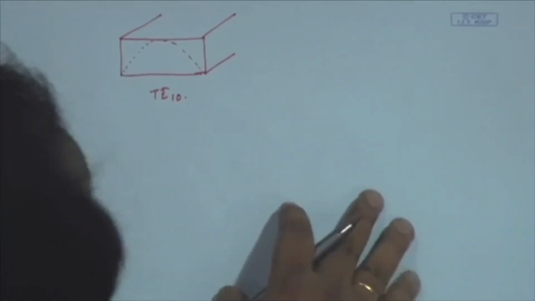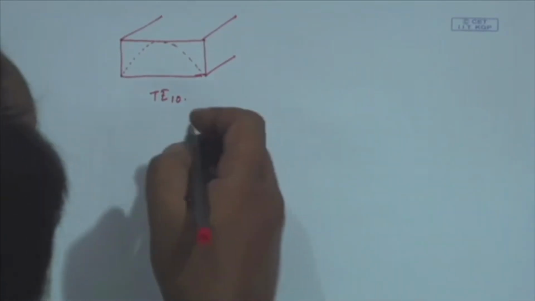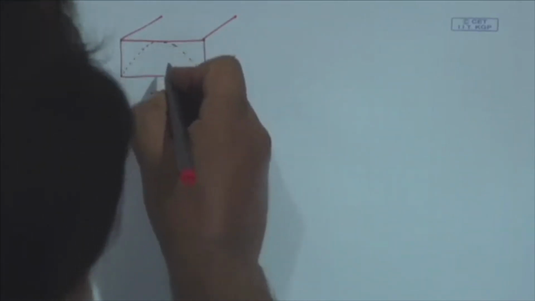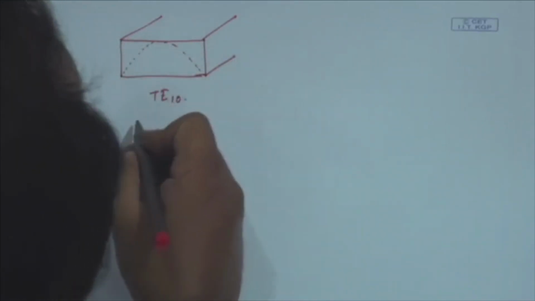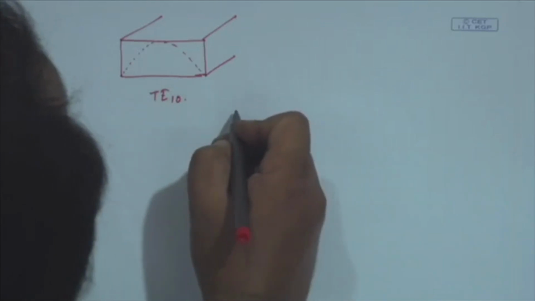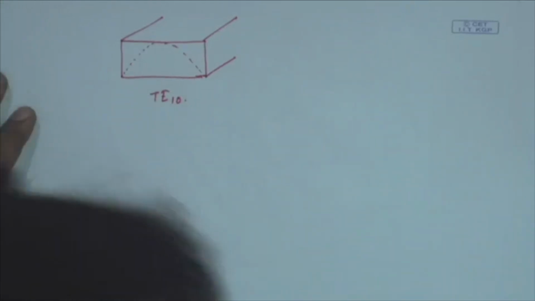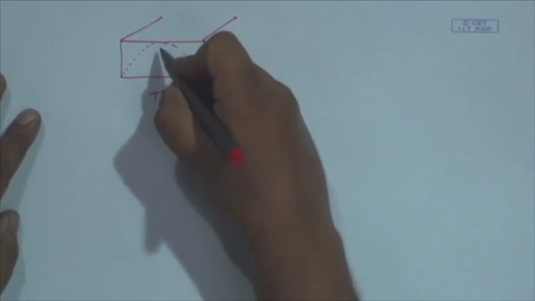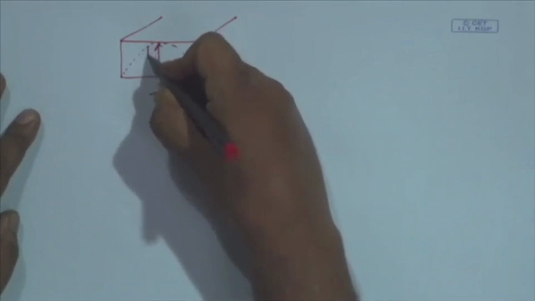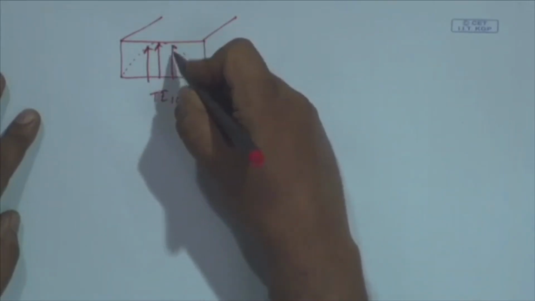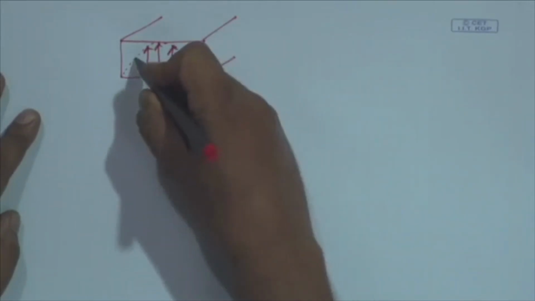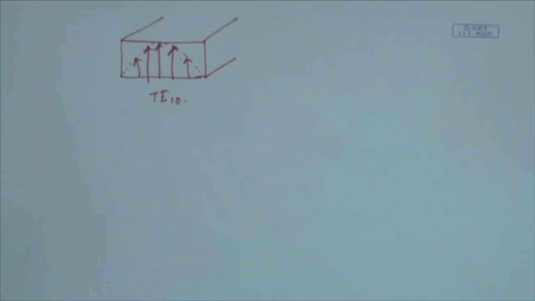For this TE10 mode, if I plot the electric field strength from left to right side, this is the electric field configuration for TE10 mode.